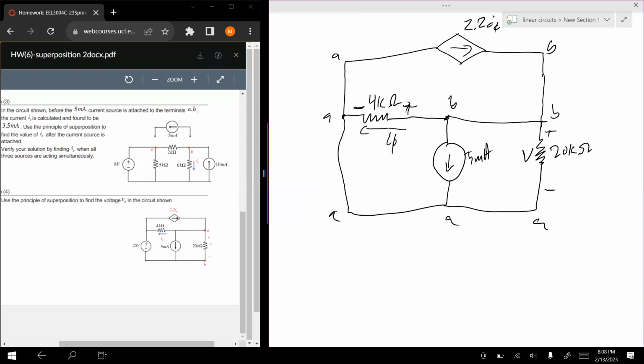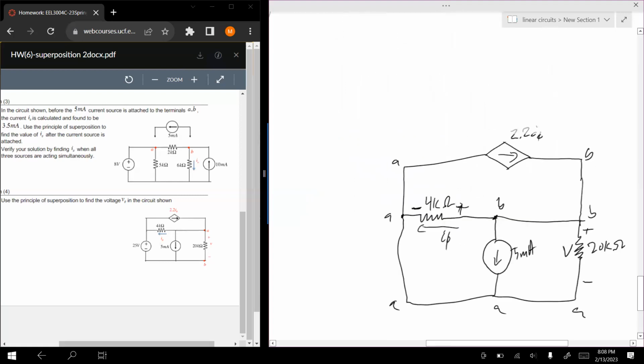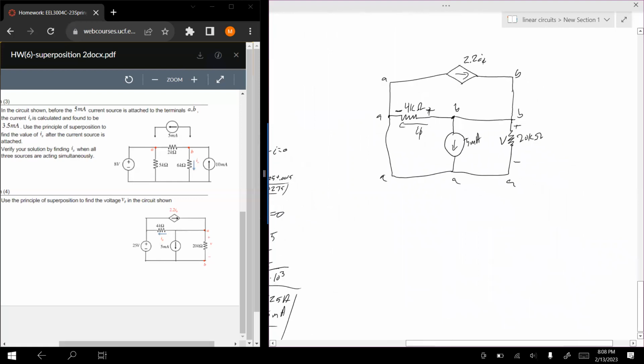So here's what I'm thinking. This circuit, I think I have it drawn above, but I don't want to look at it.